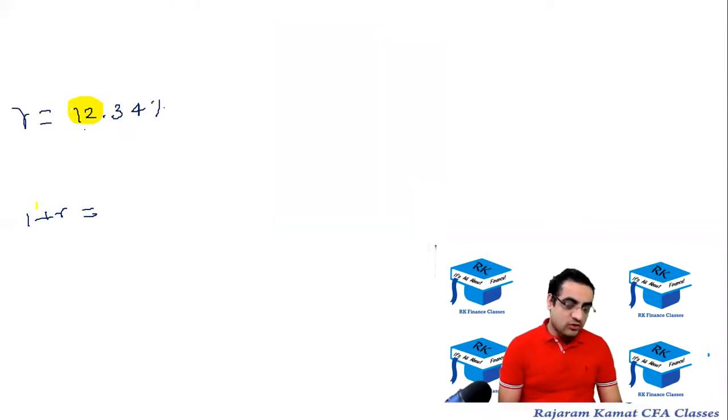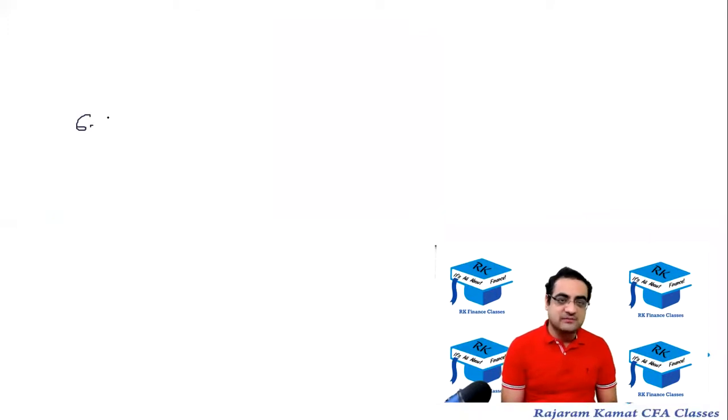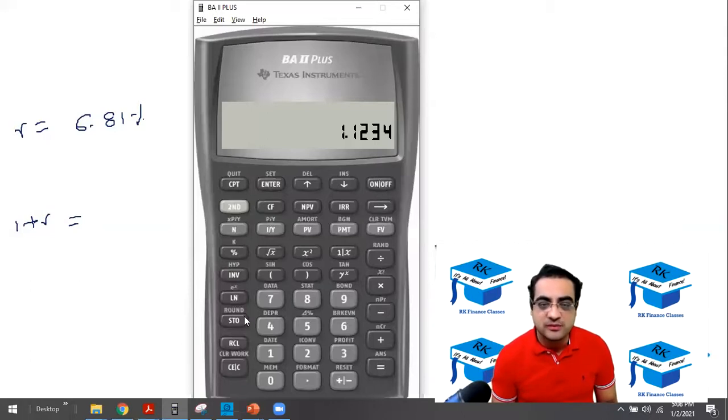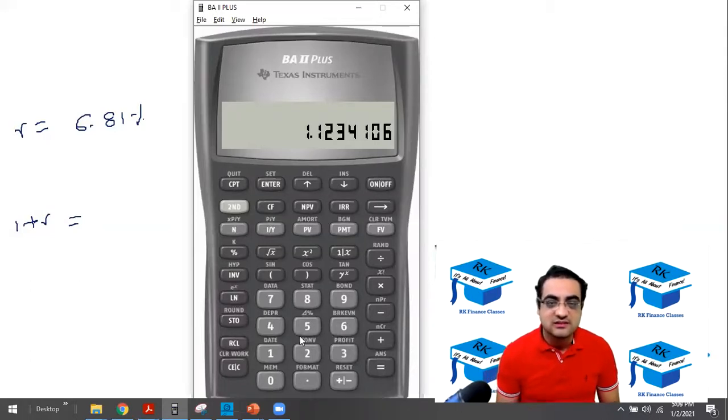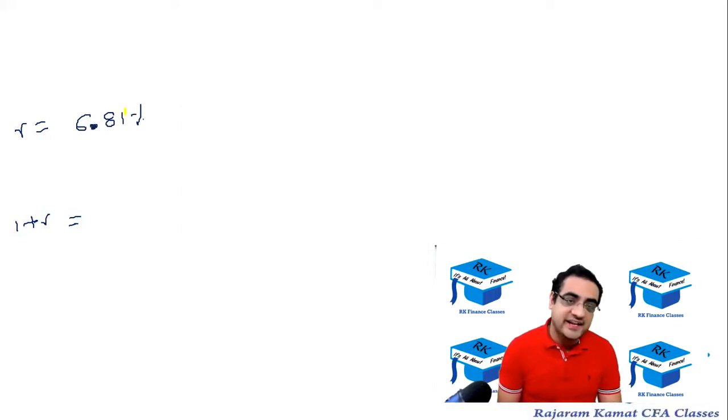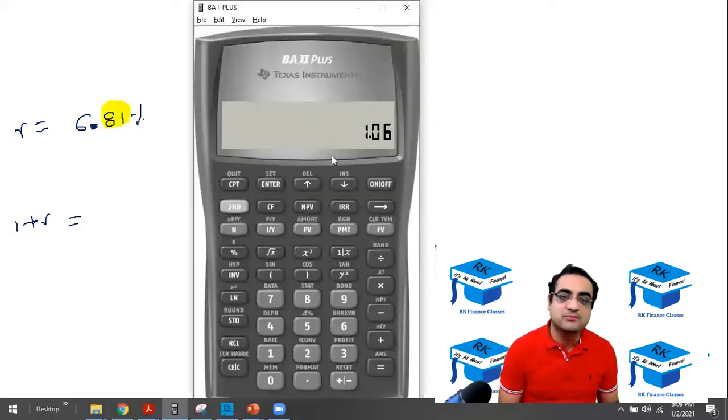Okay, so if it was 6.81%, if this was R, then the 1 plus R you can directly type on the calculator. 6%, everyone knows 0.06 plus 1 would be 1.06. And then after the dot is 81. So just type 81 after 1.06.